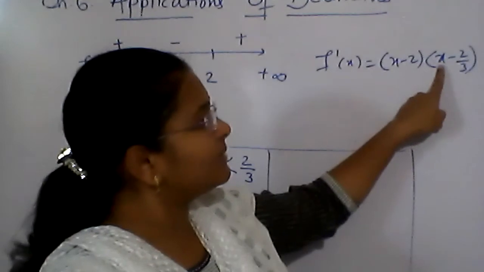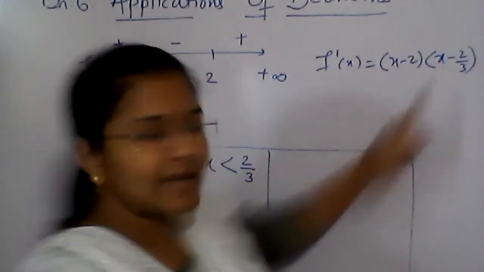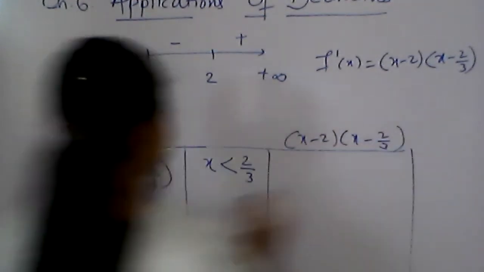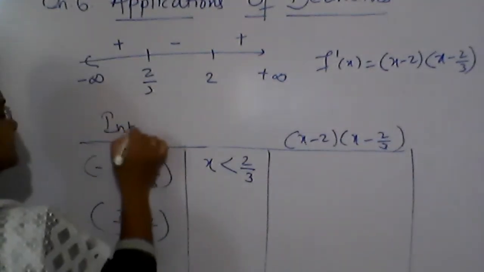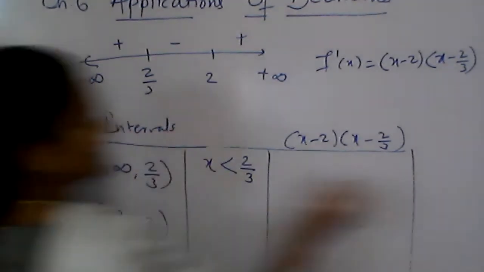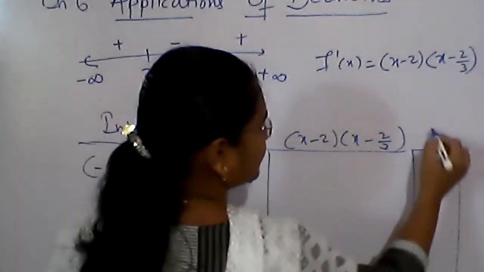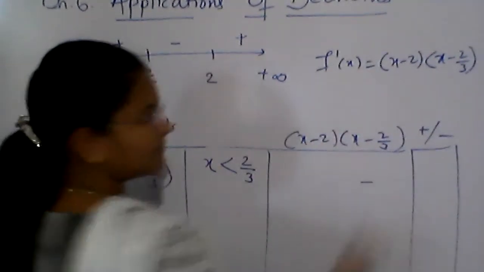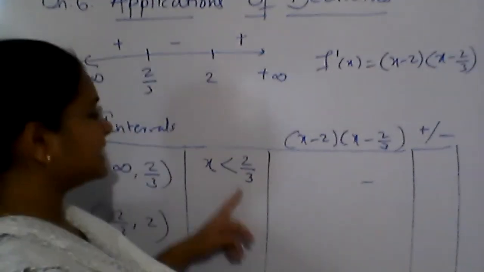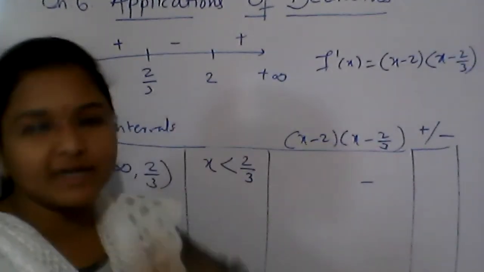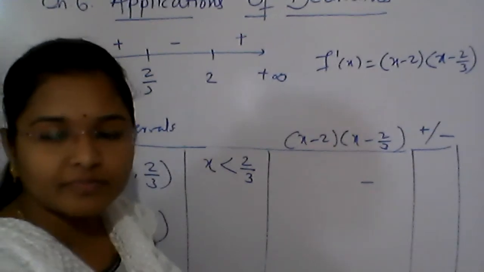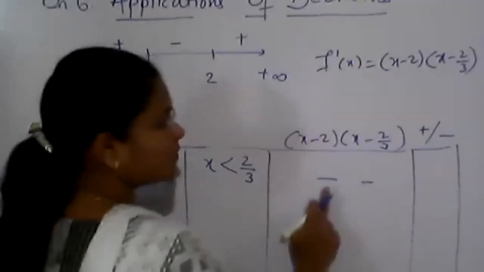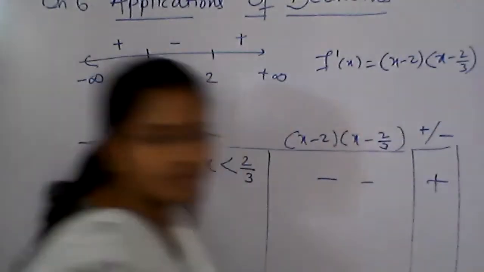If the value is less than 2 by 3, then for the factors x minus 2 and x minus 2 by 3, we write the sign. Both will be negative. If it is less than 2 by 3, clearly it will be less than 2 also. So minus, and minus into minus will be plus.